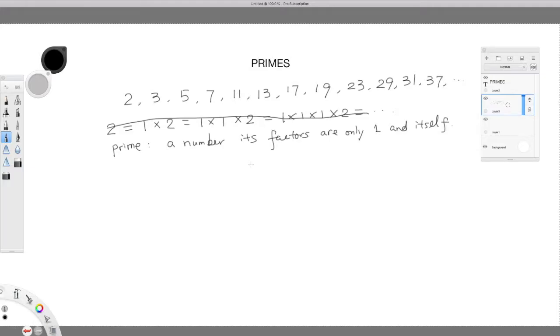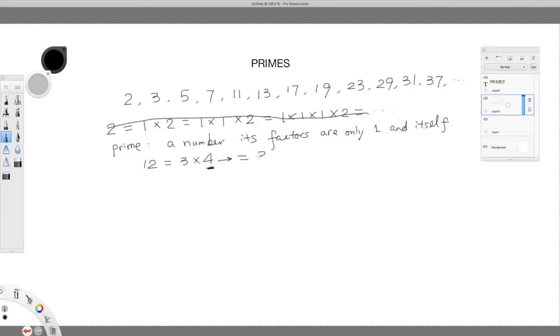In other words, if you think about multiplication, these are kind of the building blocks. By that, what I mean is the following. For example, if you look at 12, 12 equals 3 times 4, right? We all know that. But 4 is not a prime, it can be further factored into 2 times 2.